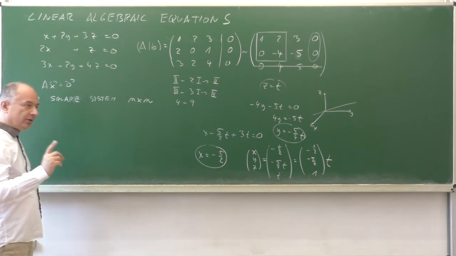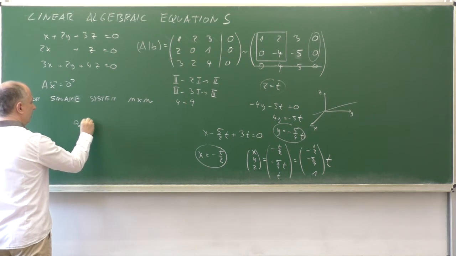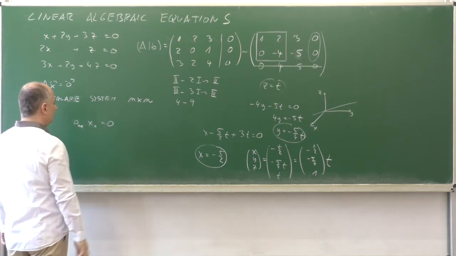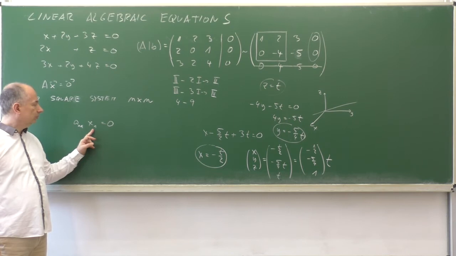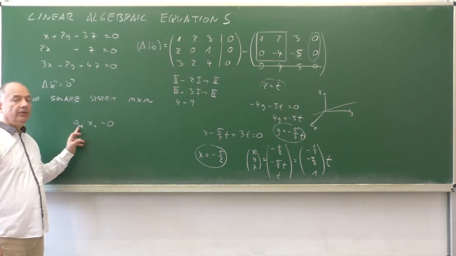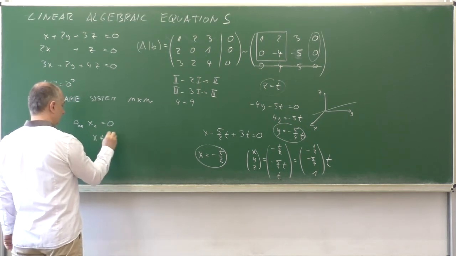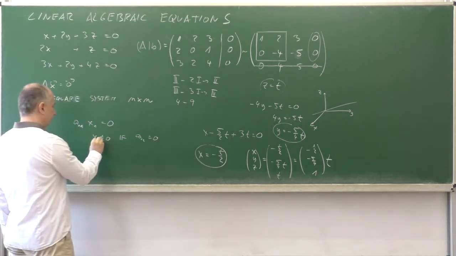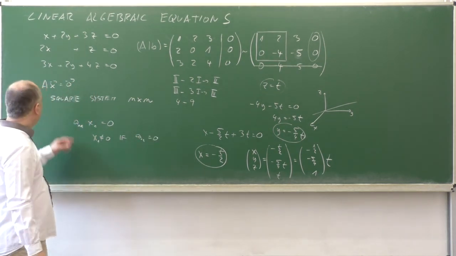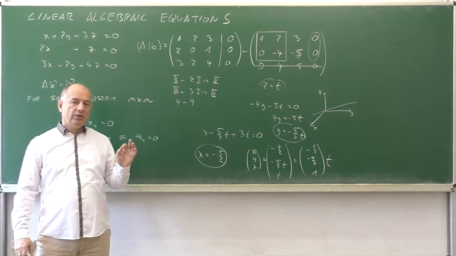If we go back to our system with one equation, if we have just a 1 by 1 matrix, is it possible that this equation has a non-zero solution? Yes, it is, if a is 0. And similarly, we can have a non-trivial solution here if the matrix A is 0.